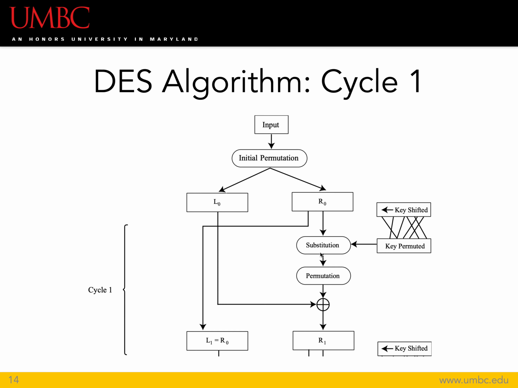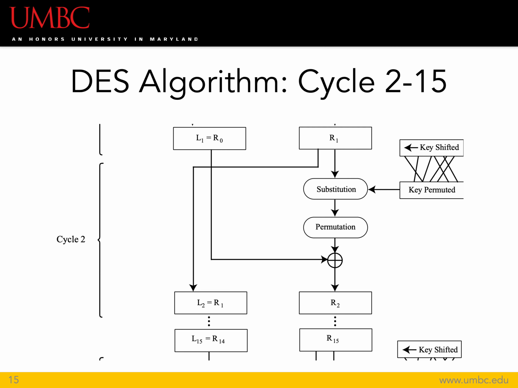First, it goes to the substitution location where we have the key, and of course this is also provided as an input. You can kind of think of the key as being provided by the user. The key gets shifted and also permuted for this cycle, and then we have the substitution based on that key, another permutation based on that, and then we XOR it with the left half. So the right half goes all the way over and becomes the left half, and then the original left half gets XORed with this permuted version of the right half. And then the key gets shifted again before you move on to the next cycle.